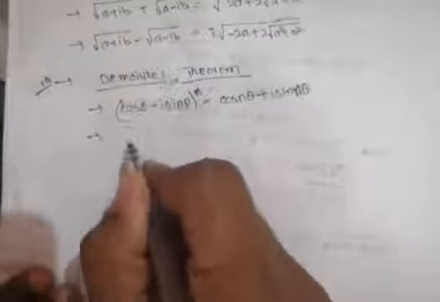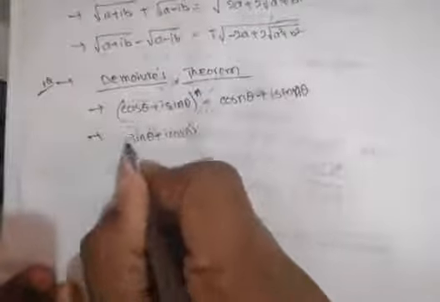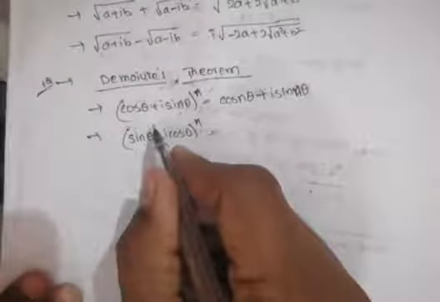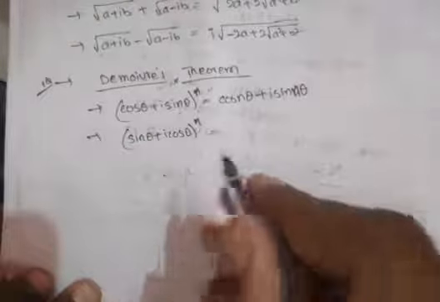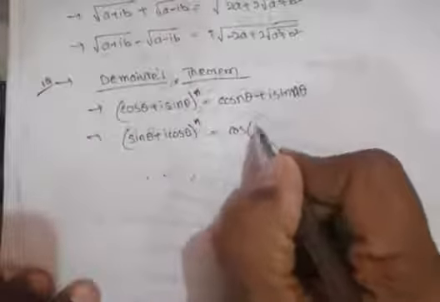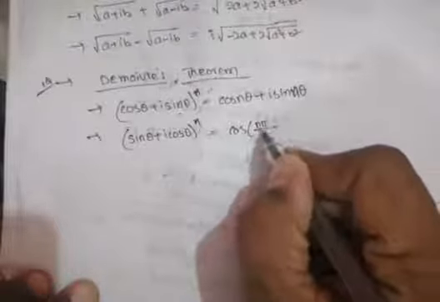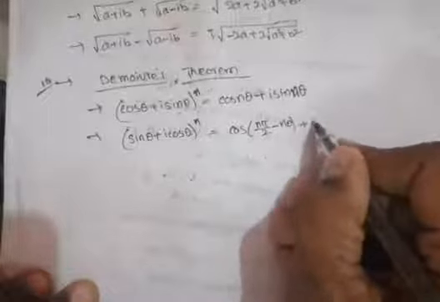If these two are interchanged, that is (sin theta plus I cos theta) whole to the power of n, then to change it to cos theta plus I sin theta form we shift it by 90 degrees, so it becomes cos of (n pi by 2 minus n theta) plus I sin of (n pi by 2 minus n theta).